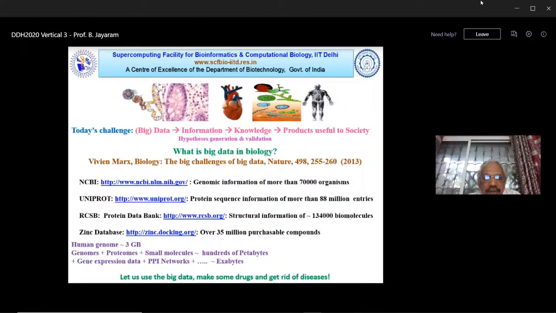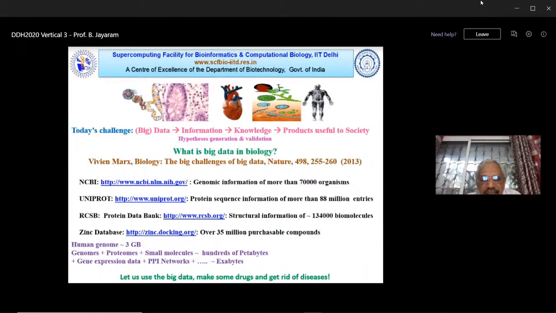Then small molecules, this seems a little dated, but again, 35 million purchasable compounds. So when we're talking of data that combines genomes, proteomes, and small molecules, probably hundreds of petabytes is an underestimate. And when you add PPI networks, gene expression, maybe we're dealing with exabytes.